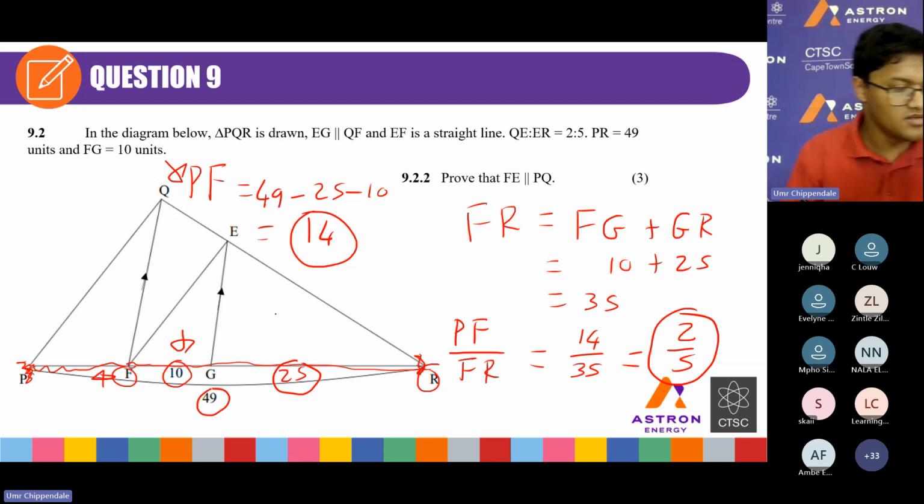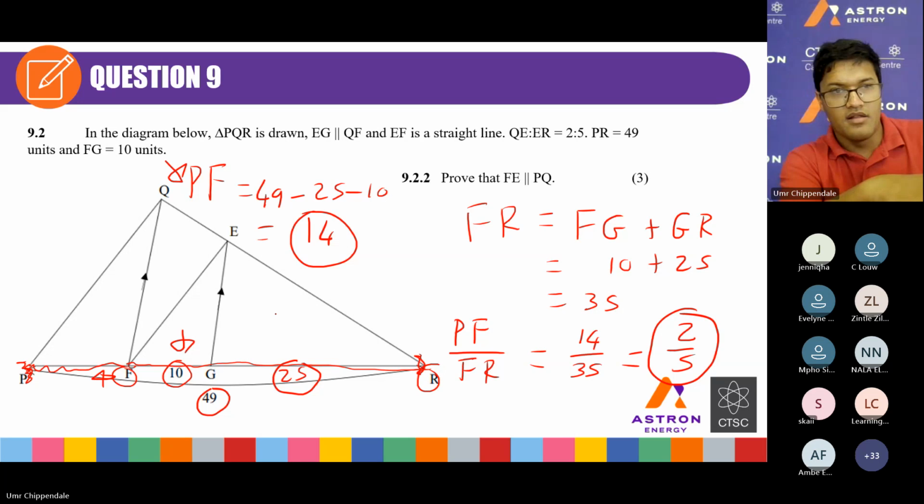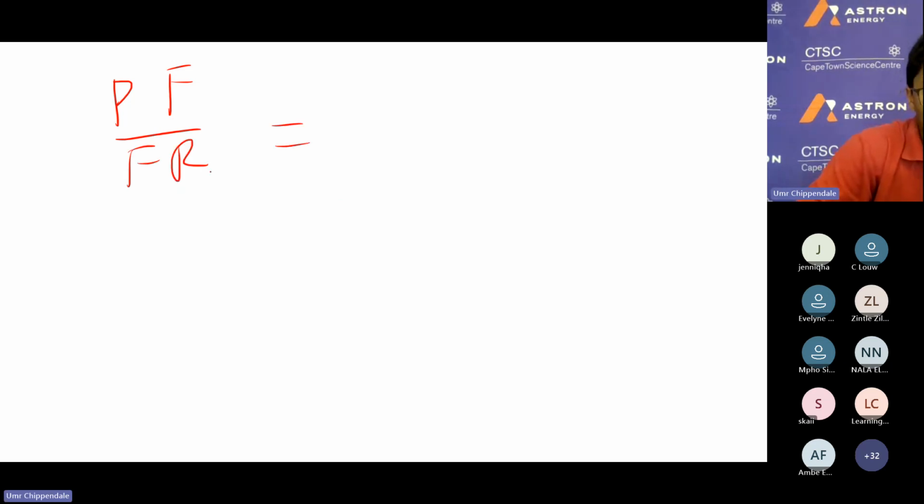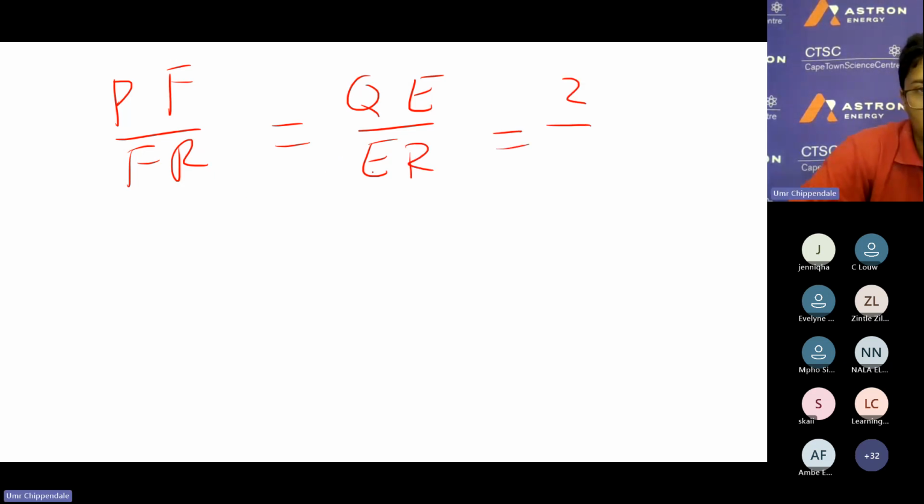So now we are going to say, based on how it is looking, these two are parallel with each other, and we want them to line up. So if we say our PF over our FR is going to be equal to our QE over ER, that will also be equal to 2/5.